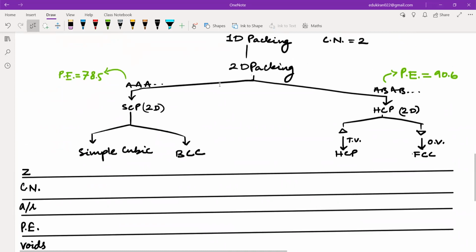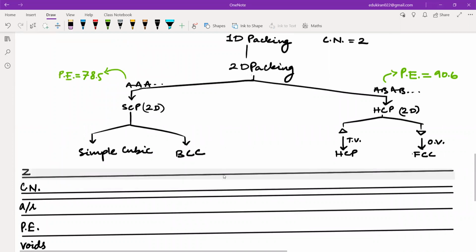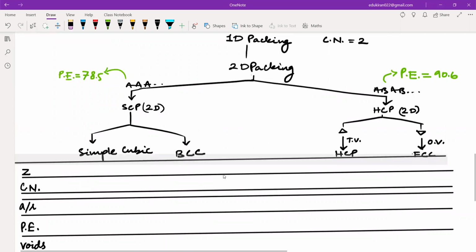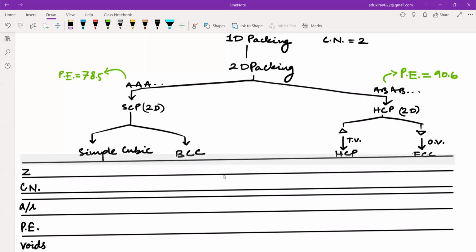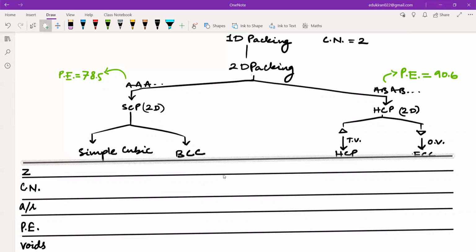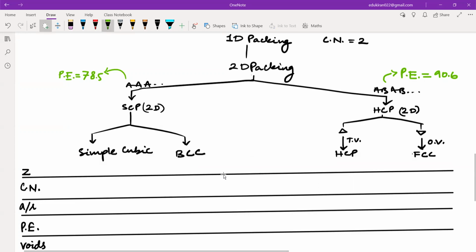You will tell me. So for simple cubic, what is the Z? 1. Very good. The coordination number? 6.